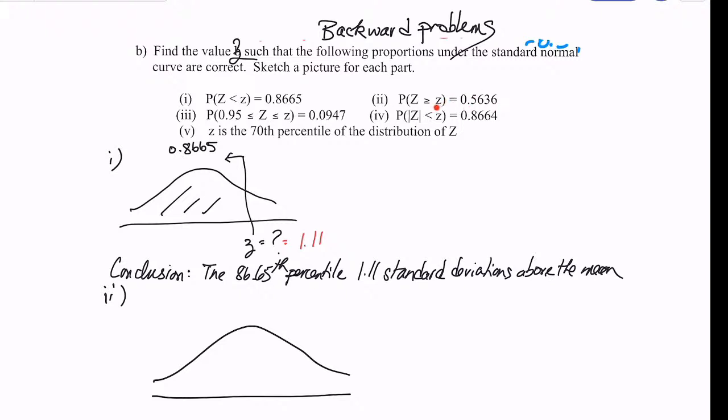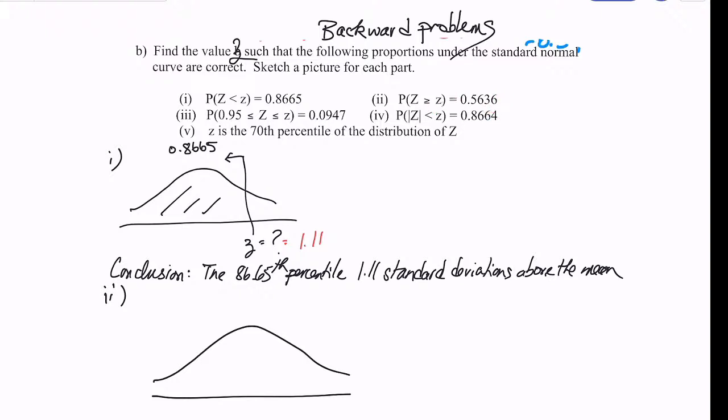In order to draw this I have to read it carefully. This implies that the area of the curve greater than z is 0.5636. So how can that be possible? Where should my z go?